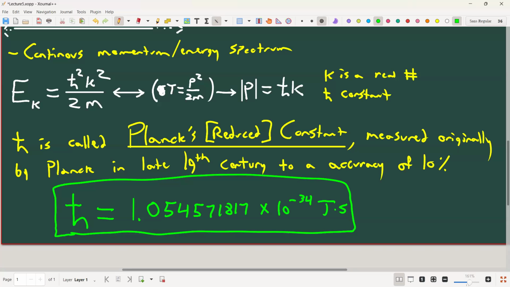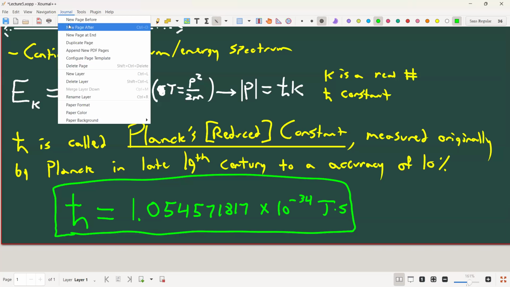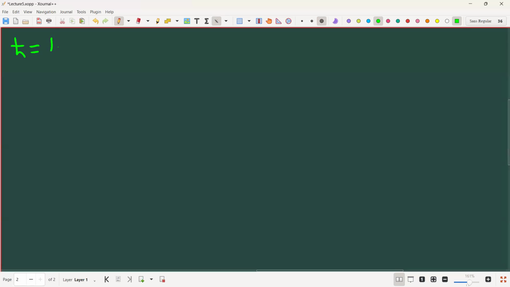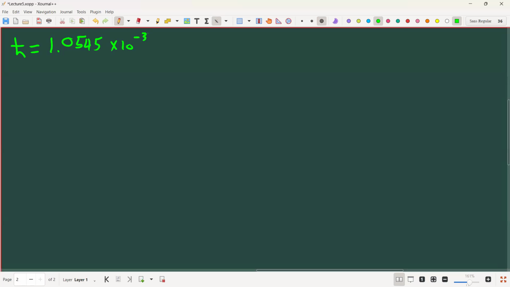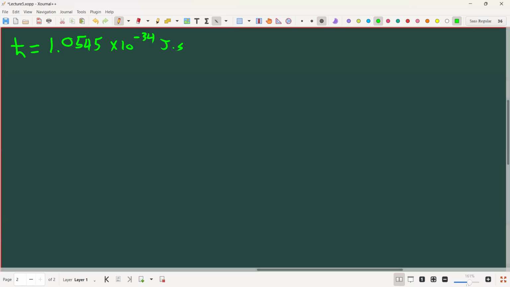All right, what this means is that what we're going to find is that the seconds has something to do with inverse frequency. Or frequency, let's just write this down. Let's think about this number for a second. All right, let's do a little dimensional analysis. I'm just going to write it on the side. We're just going to round it down just a bit. 0.0545 times 10 to the minus 34 joule seconds. Oh, we got this number. Let's get a sense of what this number means.